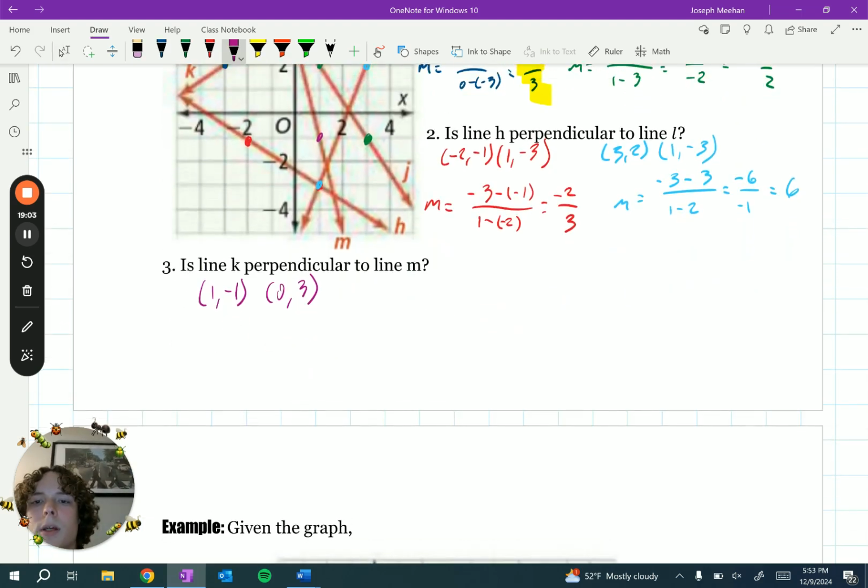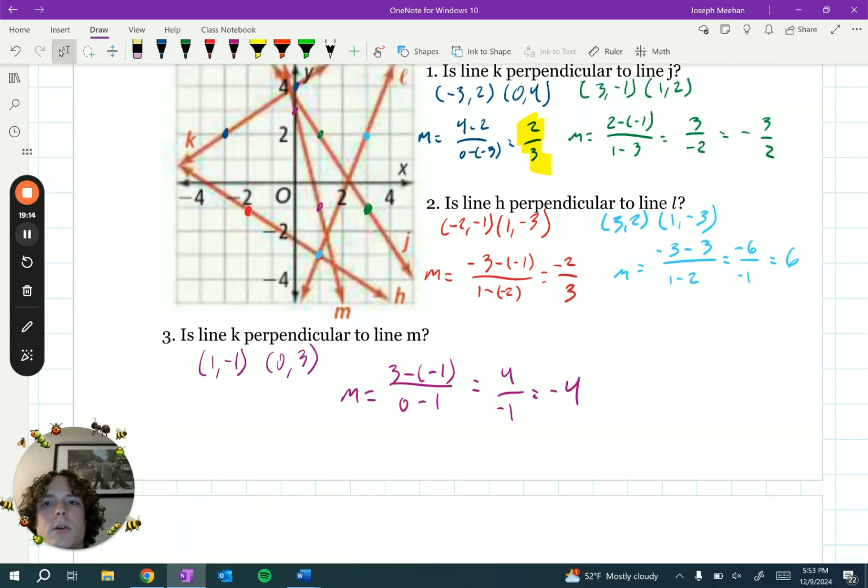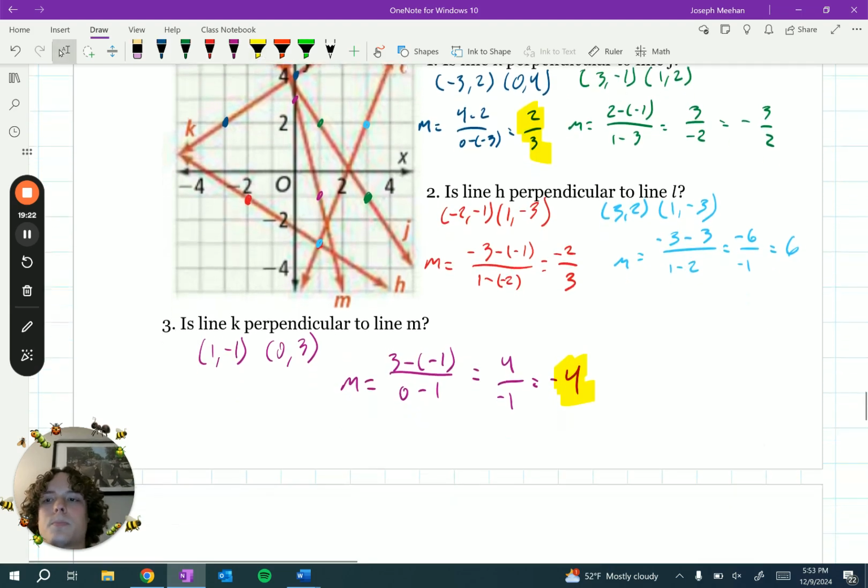So if we found the slope here, we would get 3 minus -1 over 0 minus 1 equals 4 over -1 equals -4. All right, so 2/3 and -4, are they opposite reciprocals of each other? No, so K and M are not perpendicular.